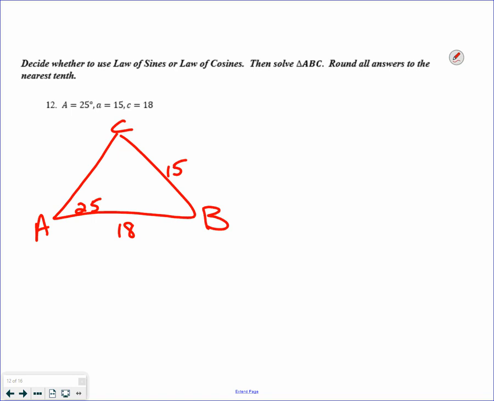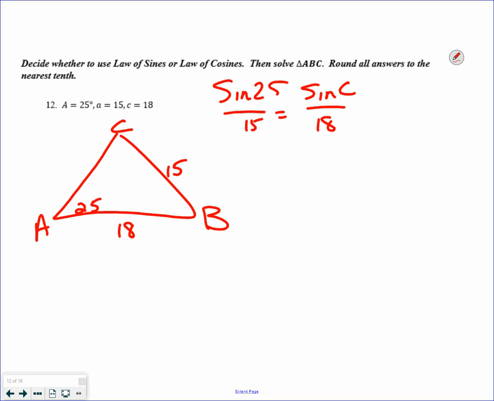The first one we have is also one that we have to worry about. If you have an acute angle and the opposite side is smaller than the adjacent side, this is a double case. We're going to need two pictures for this one. But let's get started. Sine of 25 over 15 equals the sine of C over 18.